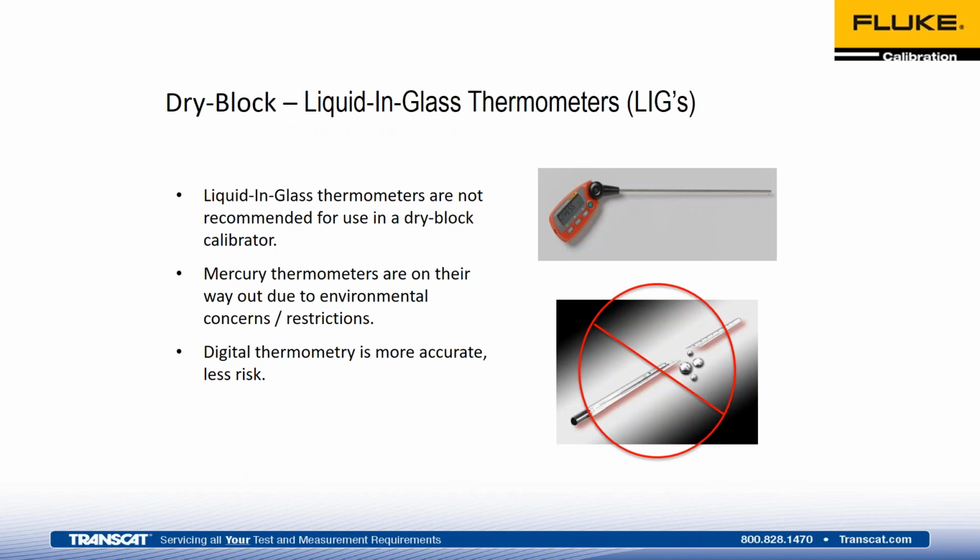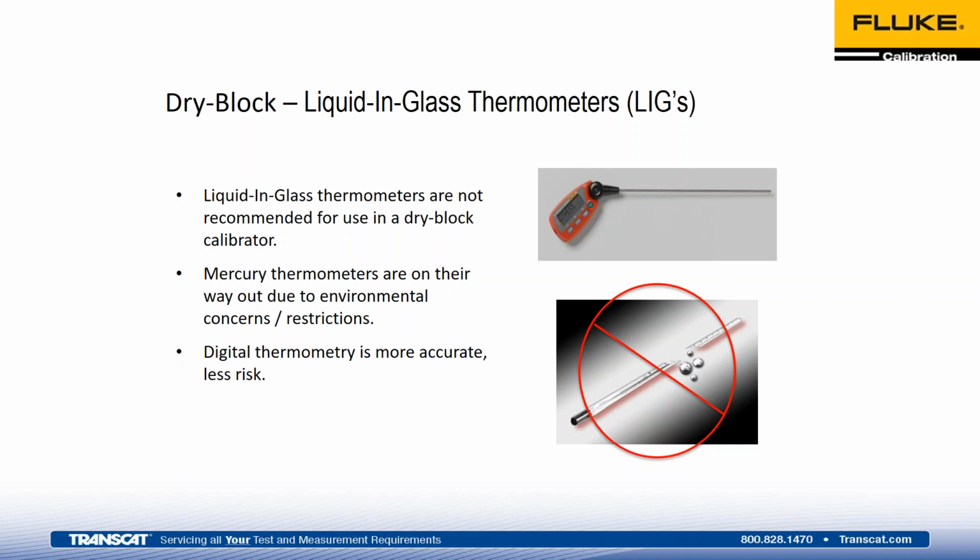All right, dry blocks versus liquid in glass. This is kind of a no-no. I have had some customers that do it. That said, usually the tick marks on the liquid in glass sensors are fairly large. The big issue with a liquid in glass thermometer in a dry well is typically the stem of the thermometer is larger than the bulb of the mercury.